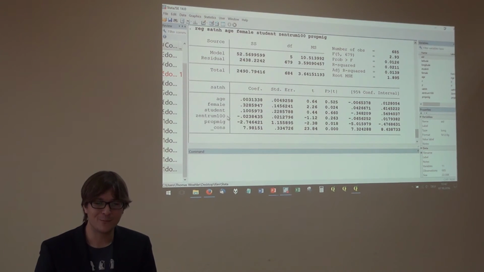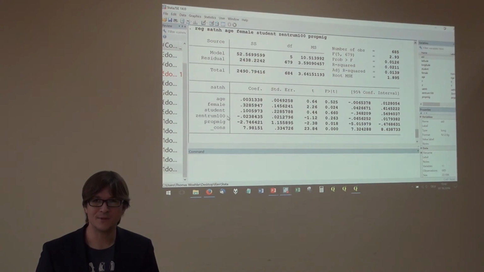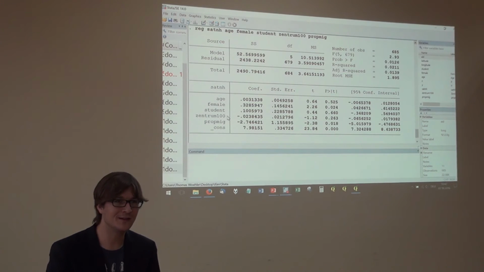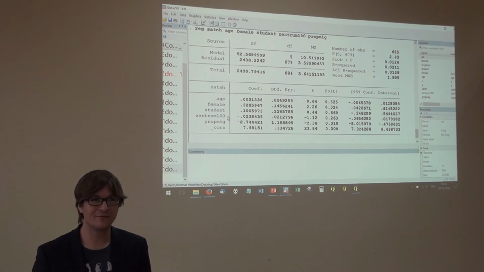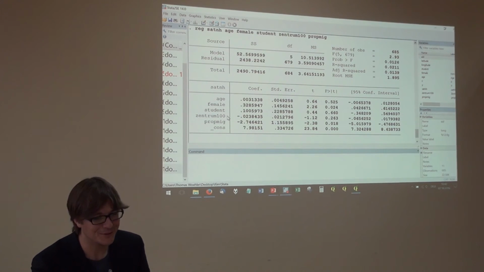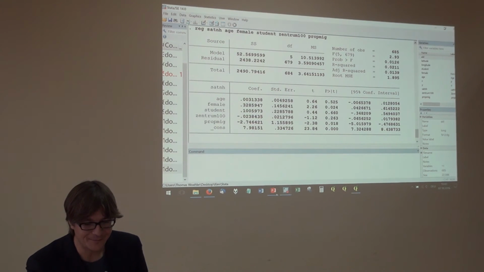So if this were not just an example, but we would really try to model this appropriately, we could probably include some kind of squared term or use it categorically, so that we say, okay, people are more satisfied when they live right in the center, or when they live right outside, but not so much in the middle. I don't know. You could have a lot of thoughts about this, but this is just an example, because I know that there is spatial autocorrelation, and that's something I want to show you.